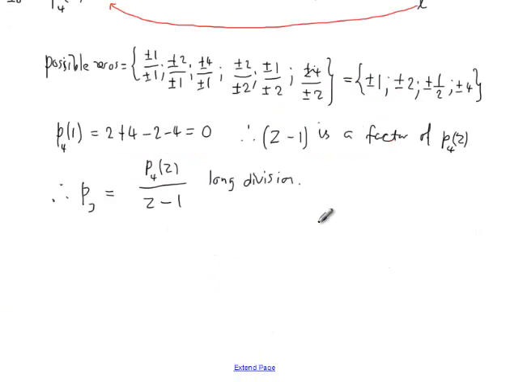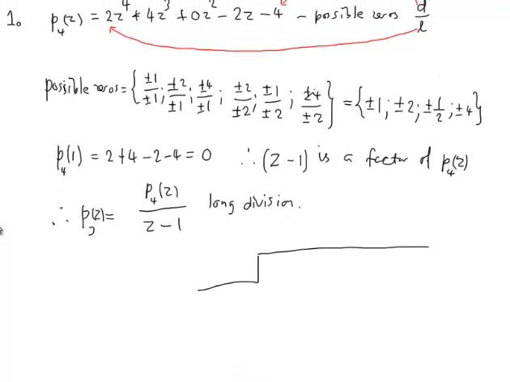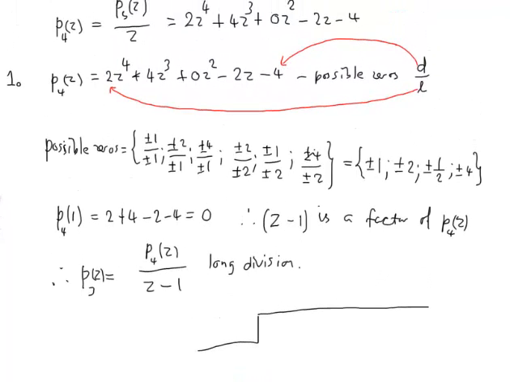Now we must remember now, the long division is to try to find out P3. I didn't write this completely here. P3 of Z. So let's do the long division. What is our P4?